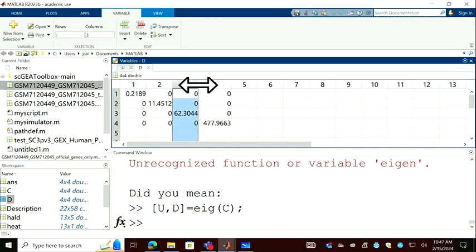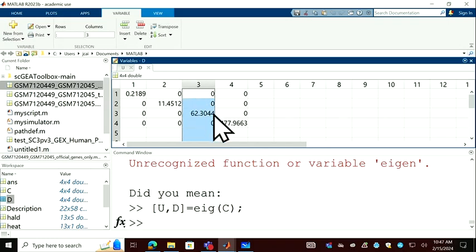If you look at these D values, there are 1, 2, 3, 4 values, and the last one has the largest value. That means after you do this projection, your fourth axis shows the largest variability of the data. So we are going to use the last one as our new x-axis, and the third one as our new y-axis, because we try to learn the major components.